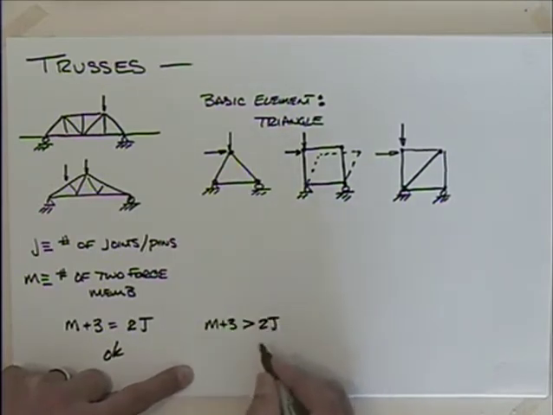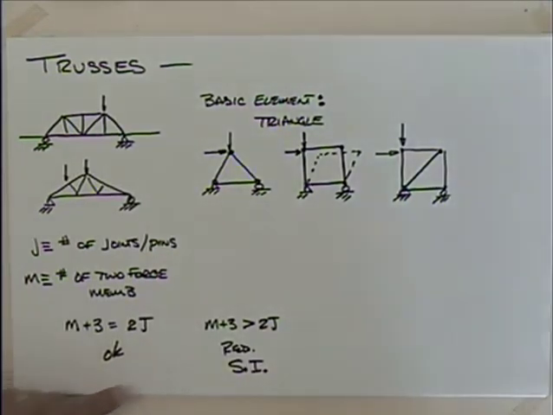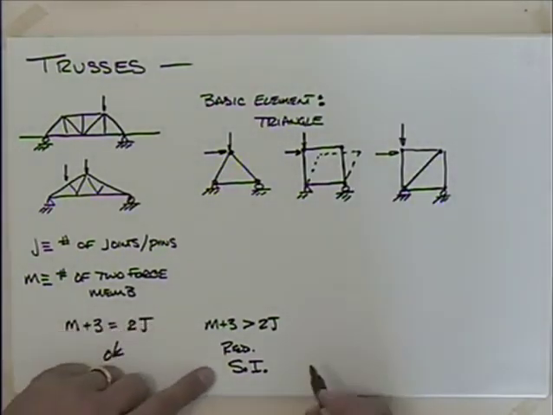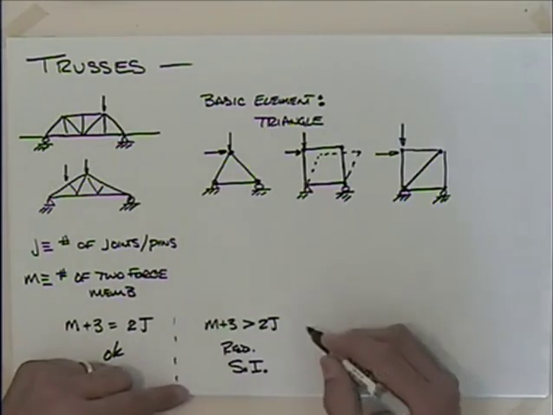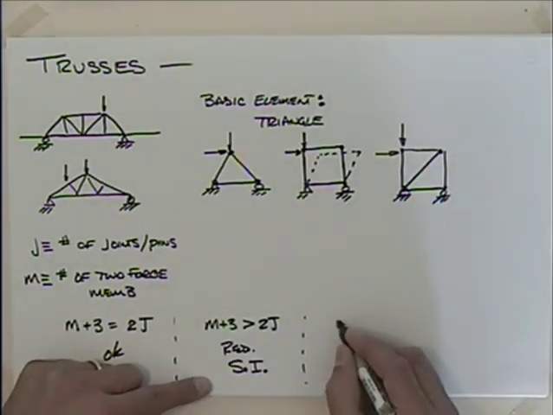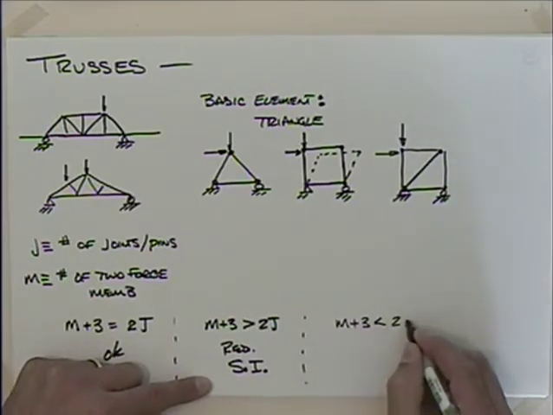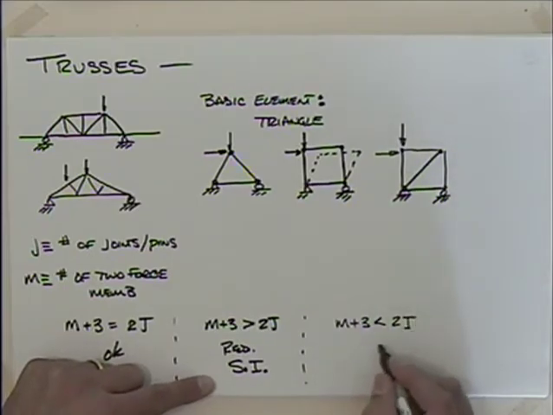It is redundant, it has redundant members, and we will say that it is statically indeterminate. You're probably not going to be able to analyze it. And the last possibility is if M plus 3 is less than 2J, it is unstable.